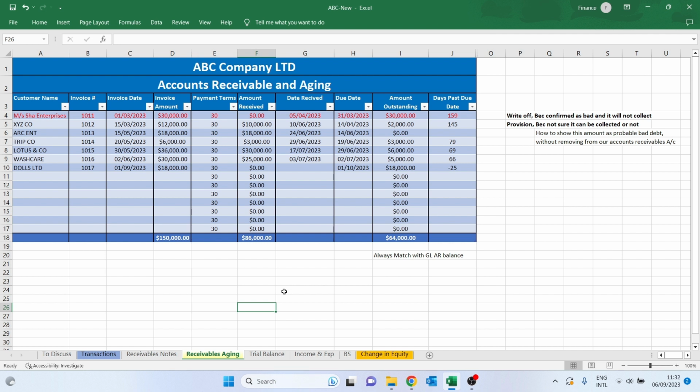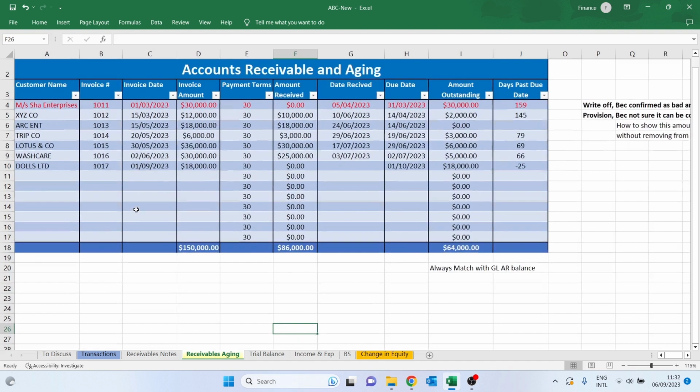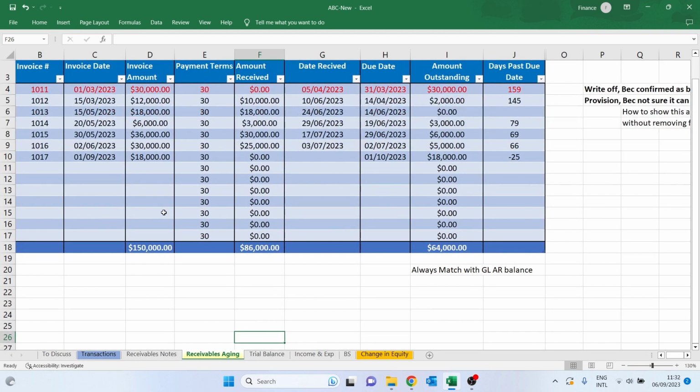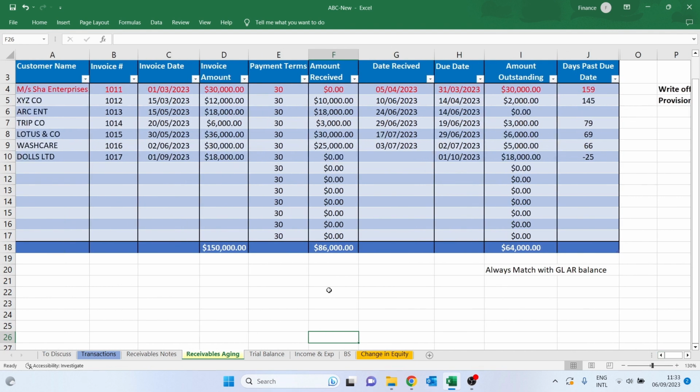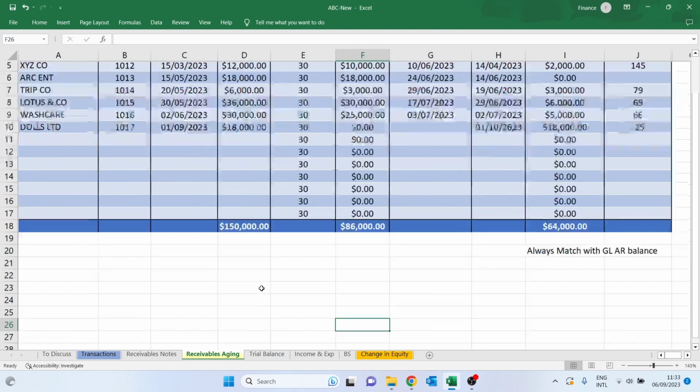The name, address, payment terms, invoice details, credit payment terms, how much we received, how much is the balance, what is the due date, everything will be included in the accounts receivable aging of a company. So this is just a typical example of an accounts receivable aging report.